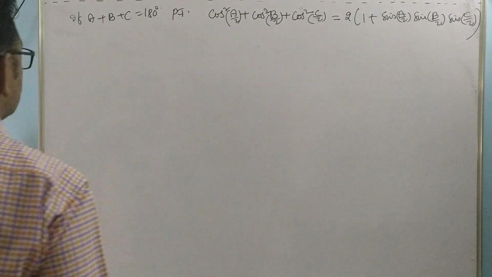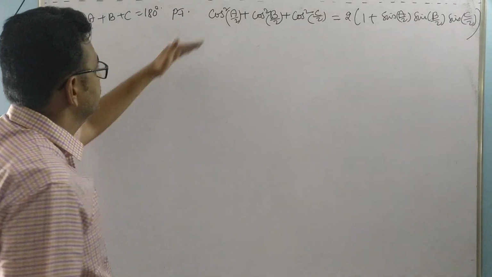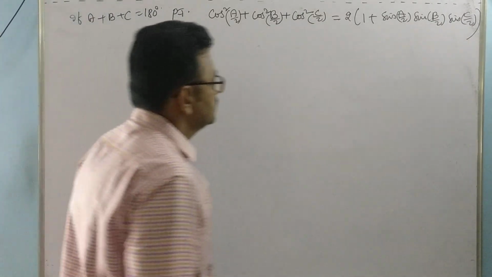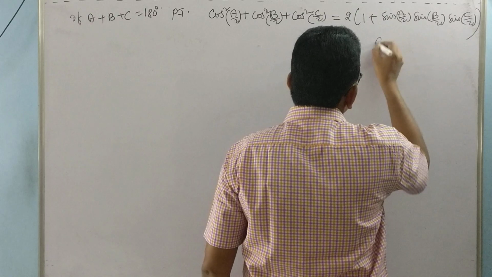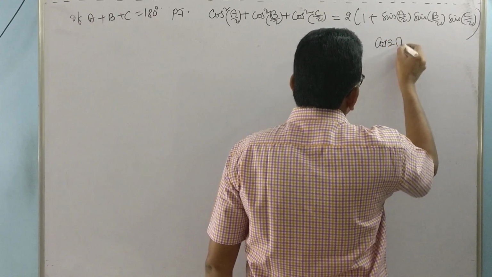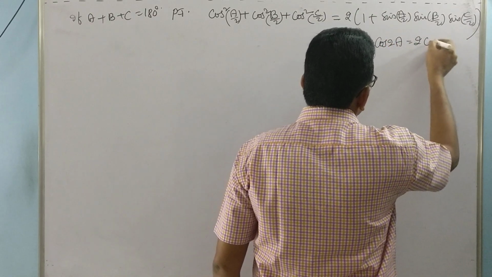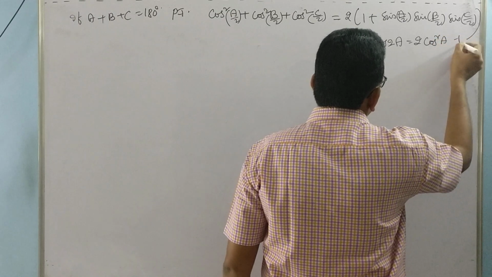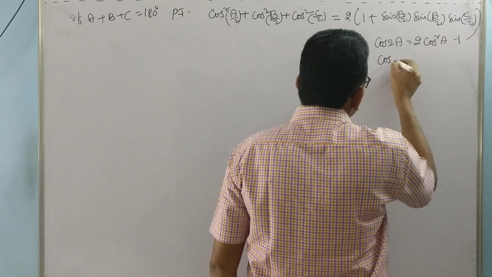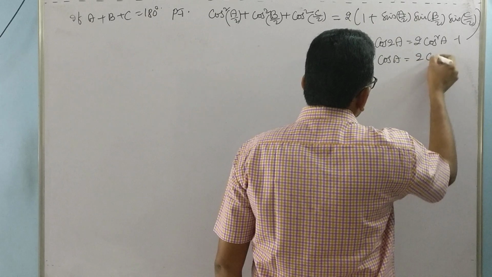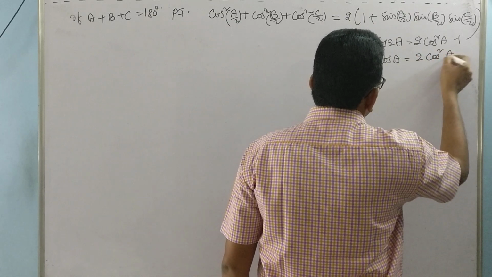A plus B plus C equal to 180 degrees. Then prove that. So using the same format, cos 2A is equal to 2 cos square A minus 1, and cos A is equal to 2 cos square A by 2 minus 1.